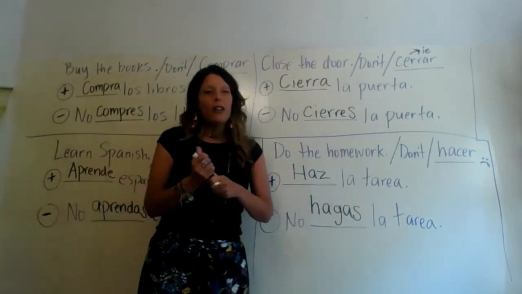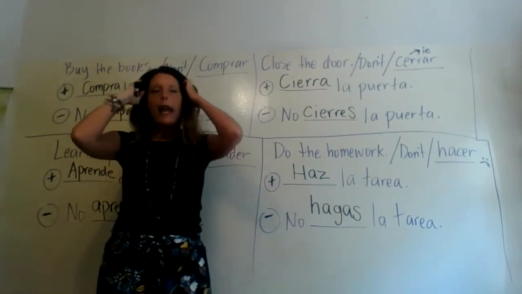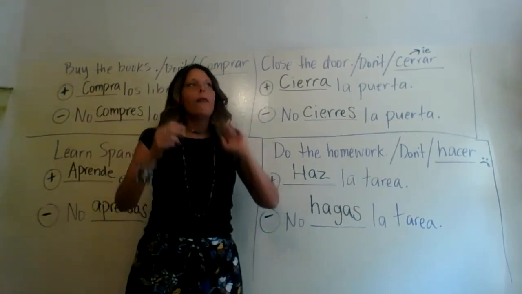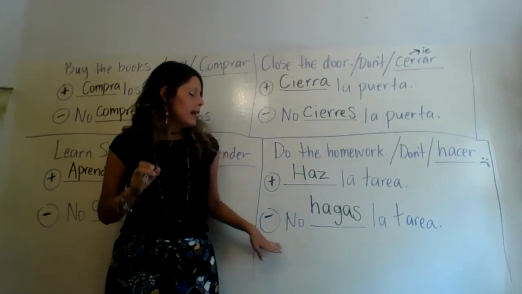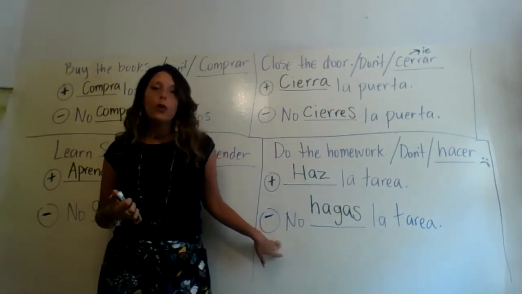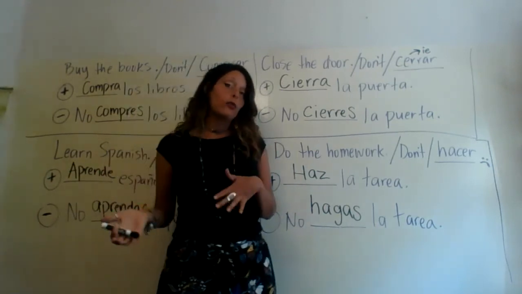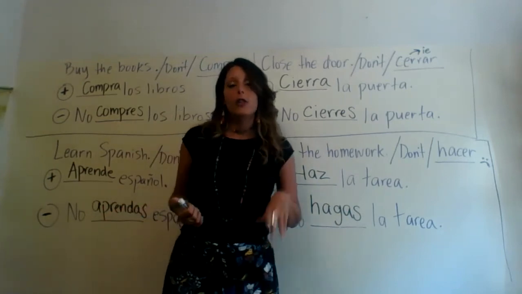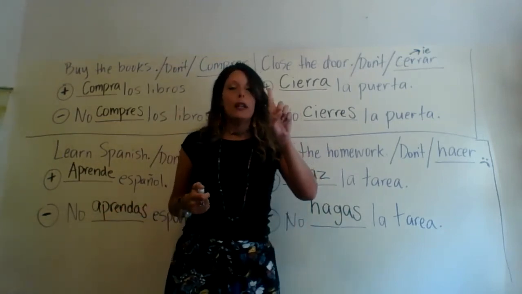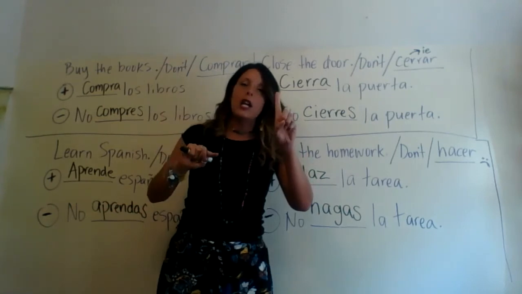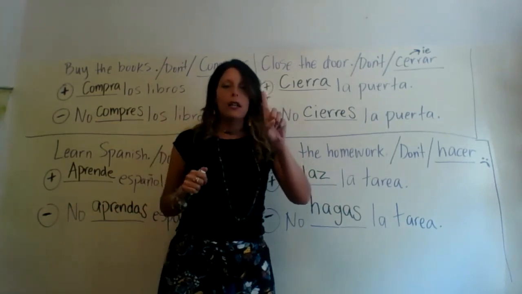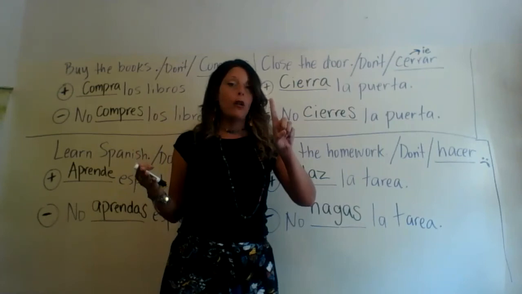How did we get there? Just really quickly again, to make the negative informal tú command, we know that we have to make the formal usted command, and so we take it back to the yo box of the present tense. We realize that hacer is hago, H-A-G-O. Knowing that there's that crazy G that appears, we know that it's a spell change verb.